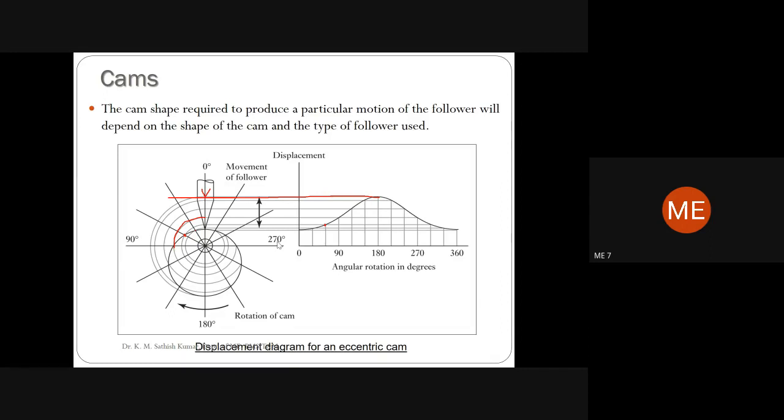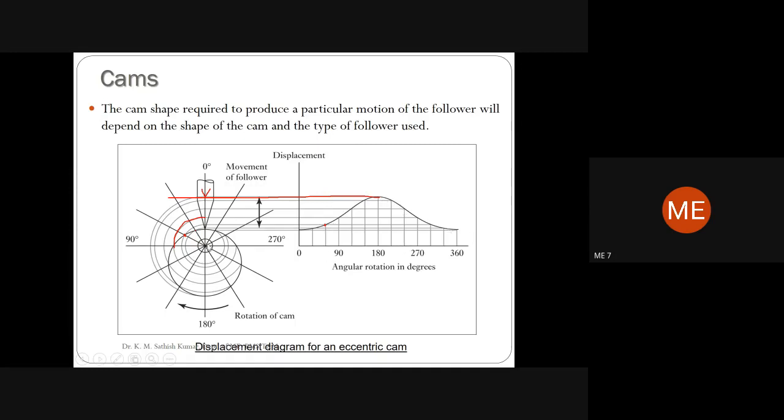As your eccentric cam rotates, because of the radius difference, this radius is smaller. When the next point comes, gradually the radius increases for half of the rotation of the cam, and for the other half the increased value is reduced in the same manner.